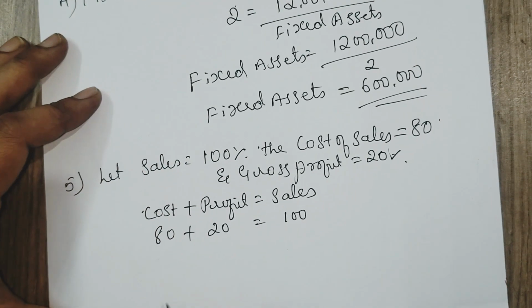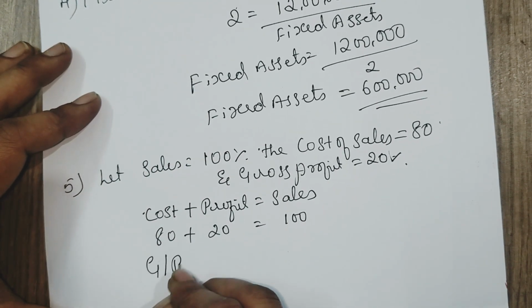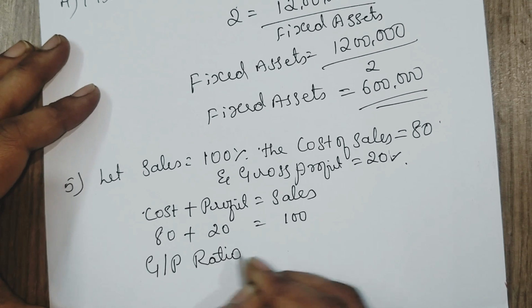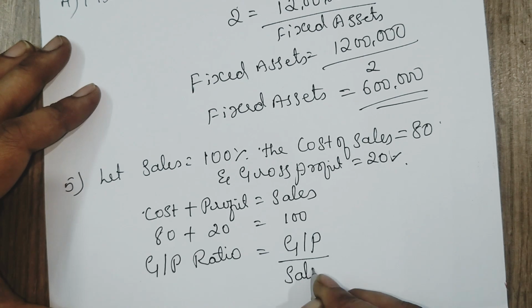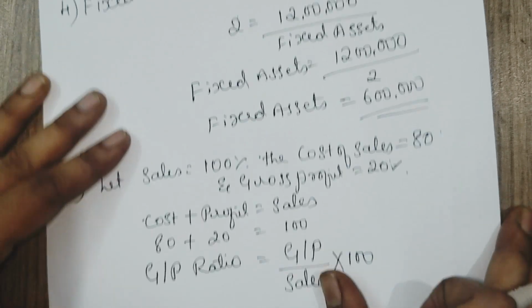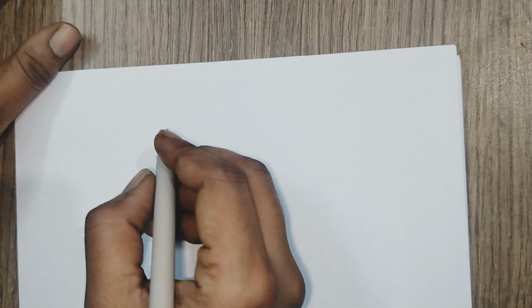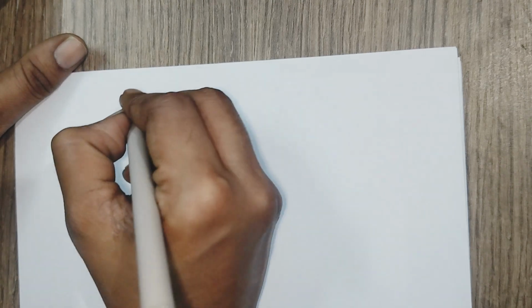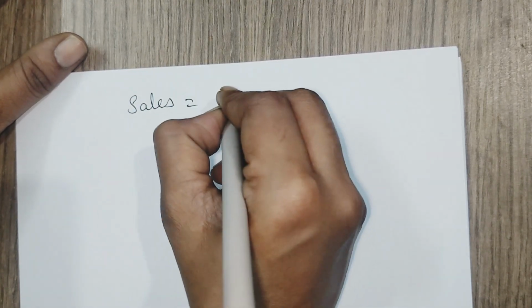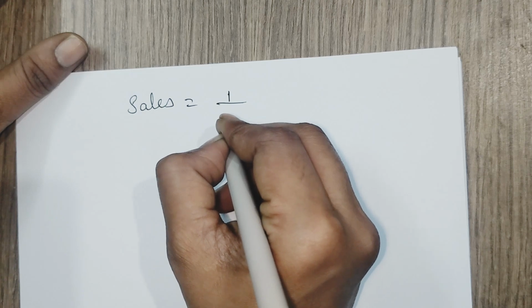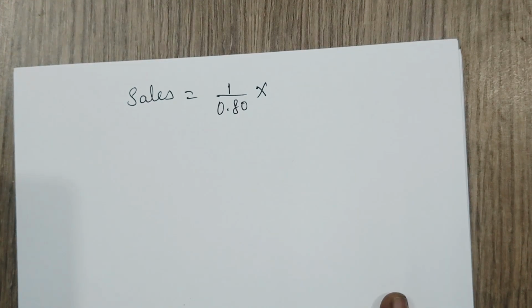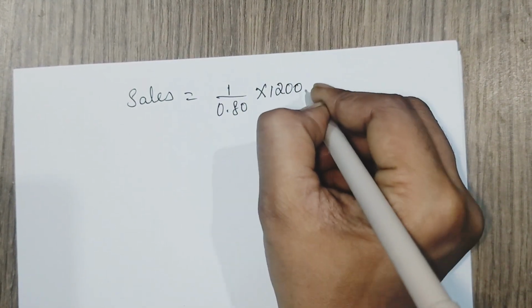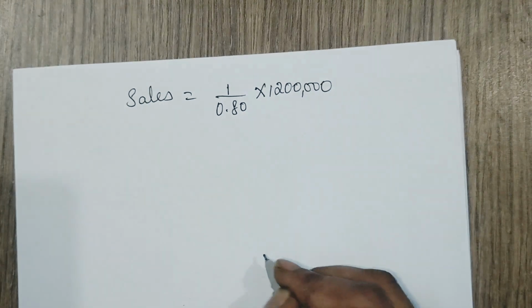Now let us find out the gross profit ratio. Gross profit ratio is gross profit divided by sales into 100. Gross profit ratio is given, we have to find out sales, which is equal to 1 divided by cost of sale 0.80 into 12 lakh.